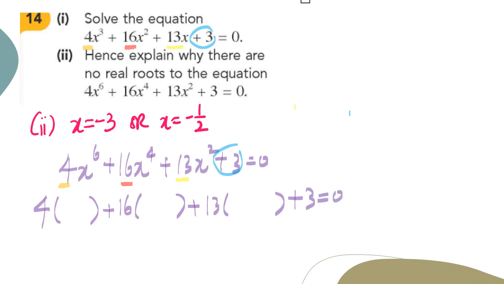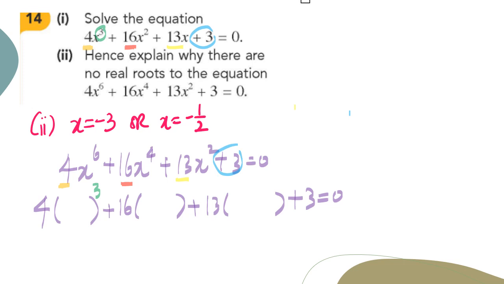So what we're going to do is rewrite our x to the power of 6 as a power of 3, because if you look at Part 1, we're dealing with 4x cubed. So how do I rewrite it?